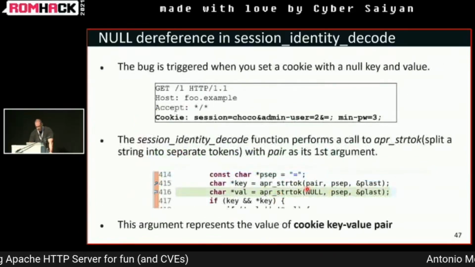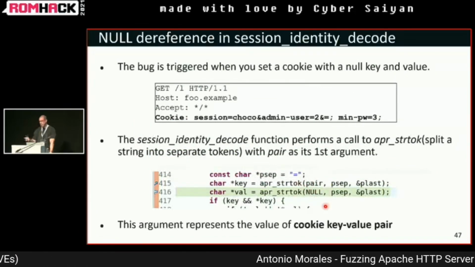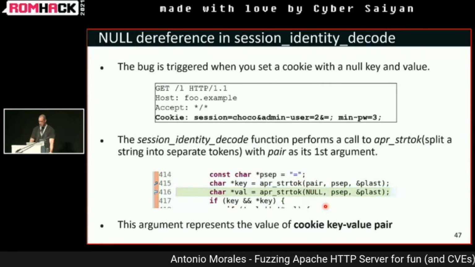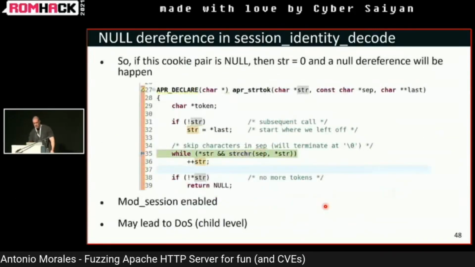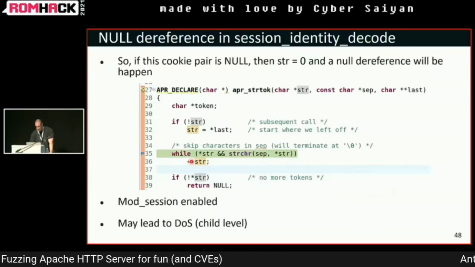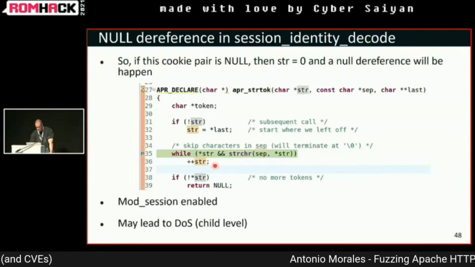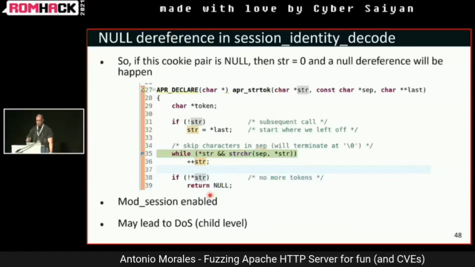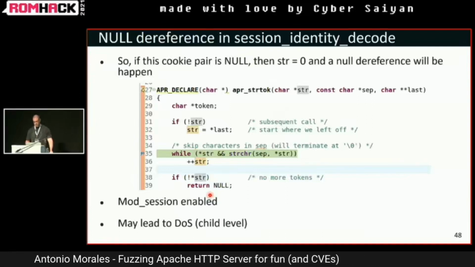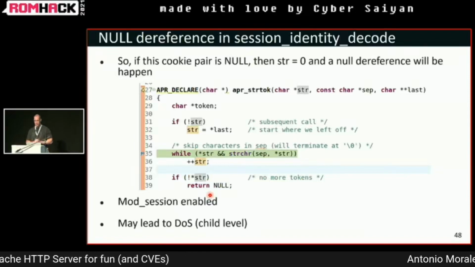Just look here that we have the pair string, but the second can be null if the key was previously null too. So you can see in this line how the while loop tries to dereference the first argument, the string argument. In that case, it will lead to a null dereference, obviously.